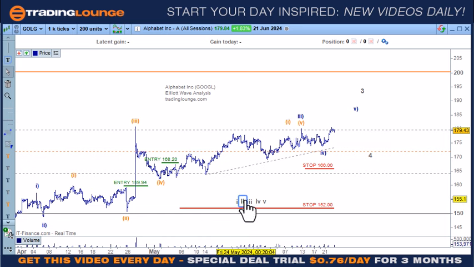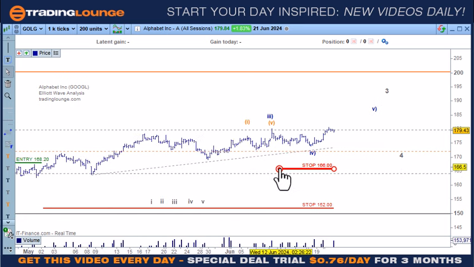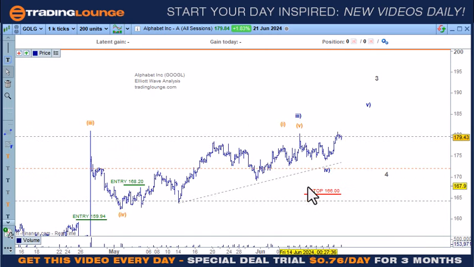That's possible. But anyway, all last week we were just working through this little A, B, and C wave here. Putting that in here, I feel like it's a bit small. I don't think I've got the right count here, but at the same time, I know that we're going higher, so it kind of doesn't matter.